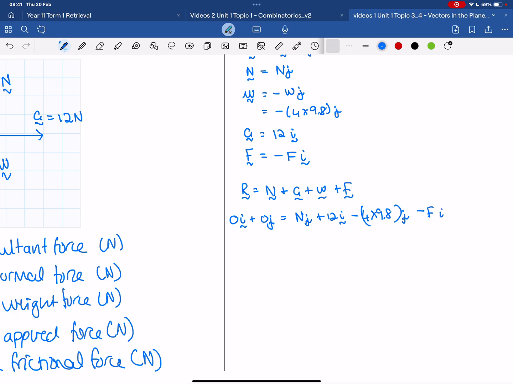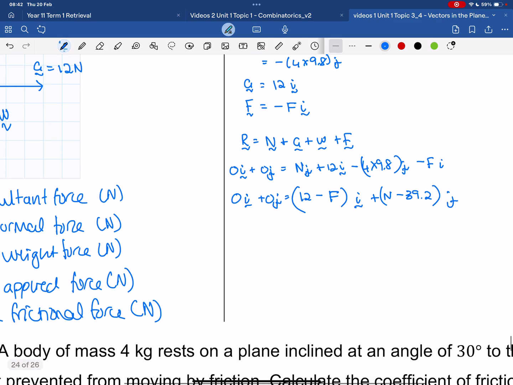All right, and I can collect all my I and j components. 4 times 9.8 is 39.2. Oh no, that's not an I. Hang on. We're wanting our i's first, so we're going to have 12 minus fi, and then plus n minus our 39.2 j. All right, now I've got my I and j components.